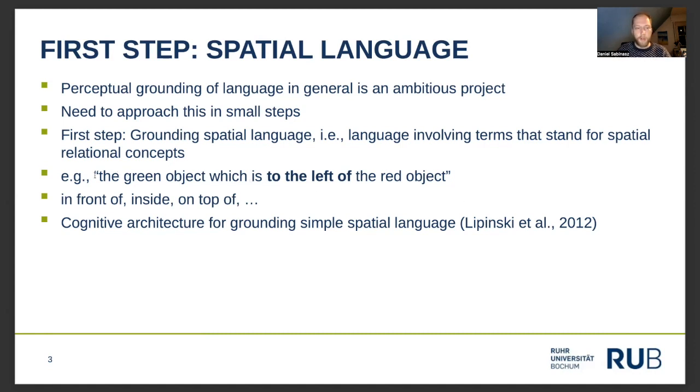An example for a phrase that we might refer to as spatial language is the phrase: the green object, which is to the left of the red object. And that lends itself to a DFT account because we know how to visually search for objects with a certain color by DFT, or rather how the brain plausibly does it.